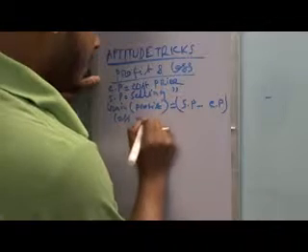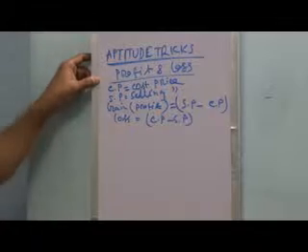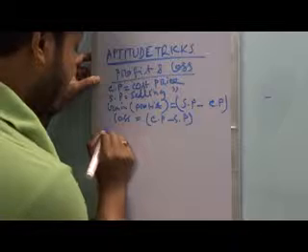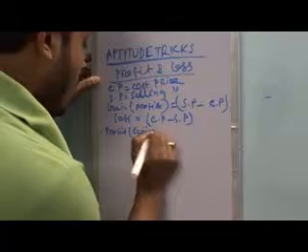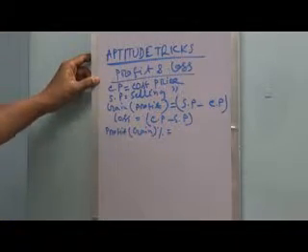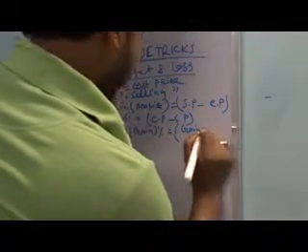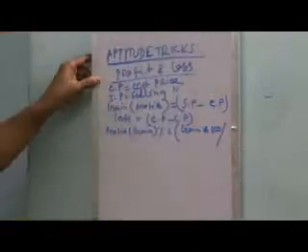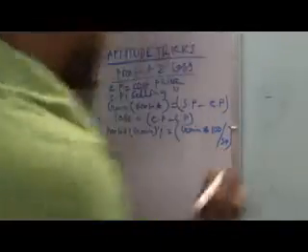Now what will be the loss? It will be just the reverse, equal to cost price minus selling price. Now what will be the profit percent? Profit or gain percentage equal to gain or profit into 100 by selling price.